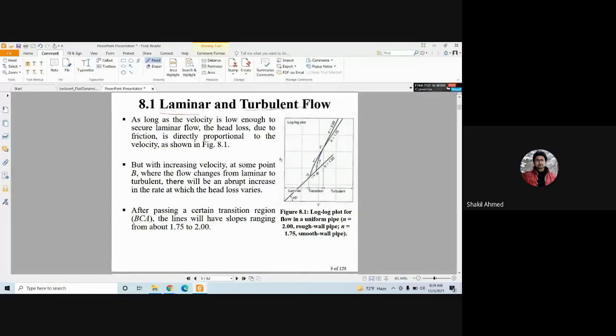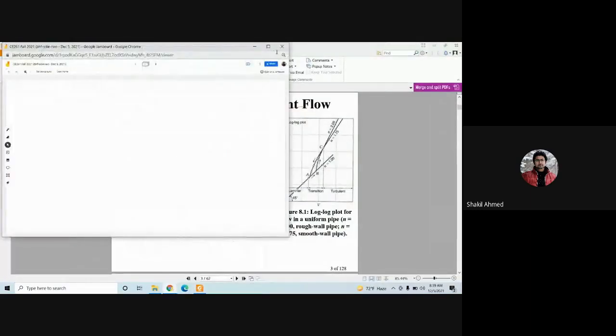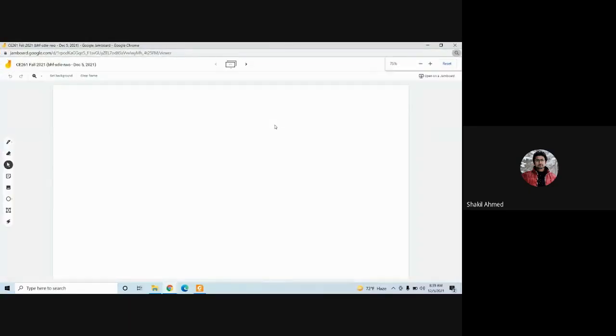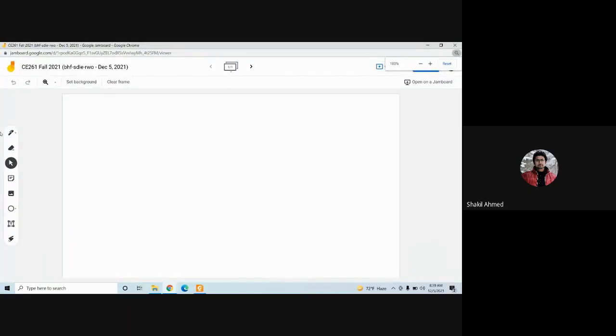Laminar and turbulent flow. By now we know what is laminar flow and what is turbulent flow. So if we observe the flow phenomena in a pipe, let's say this is a pipe and water is flowing through this pipe.